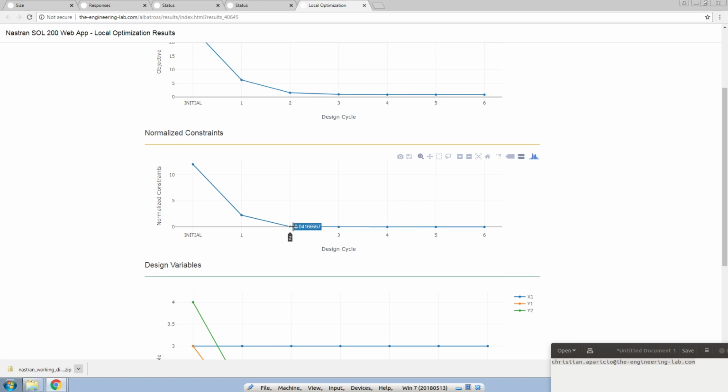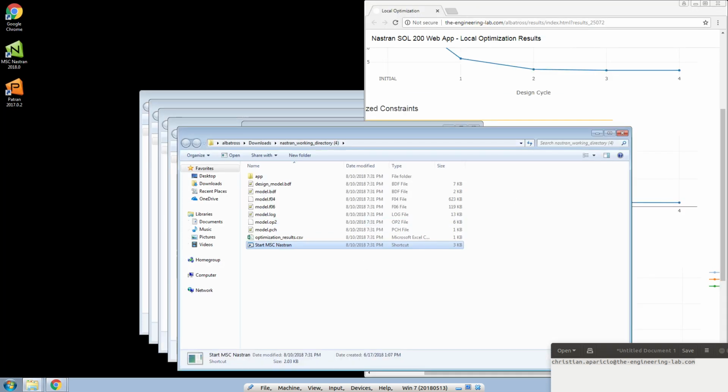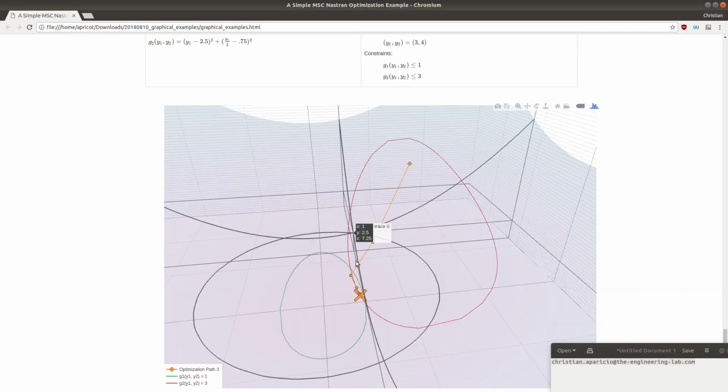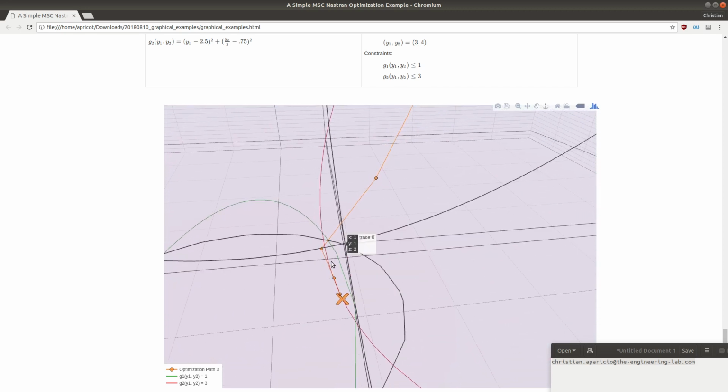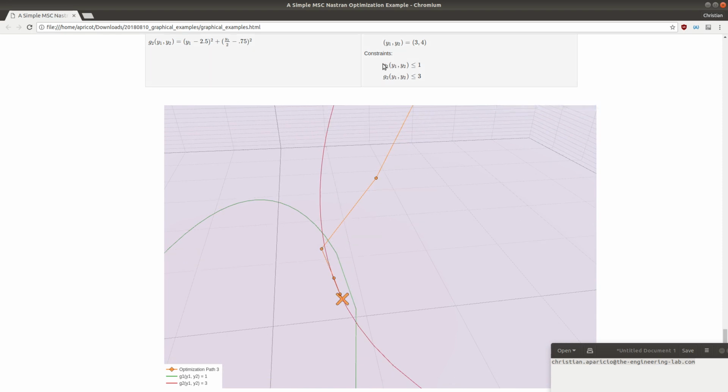Values close to zero, or rather that are negative, indicate that you're satisfying your constraints. For design cycles 2, 3, 4, 5, and 6, you are at a solution that's satisfying your constraints. So here in this case, you're literally inside of both the red and green ellipsoid, and this is where you're satisfying the inequalities.